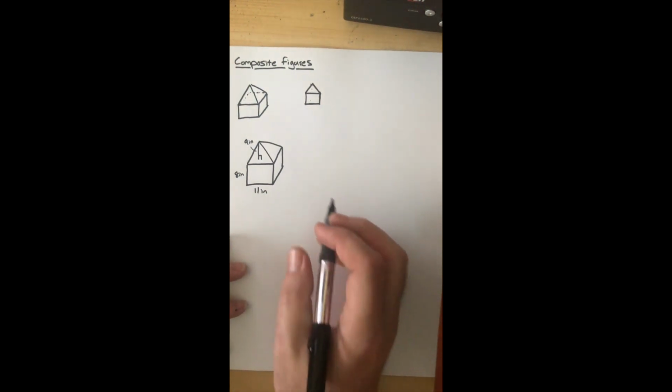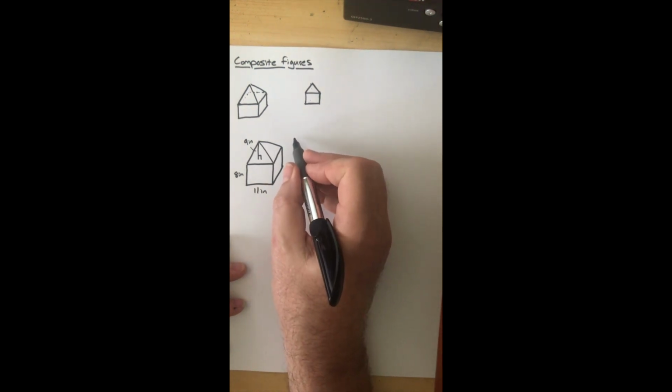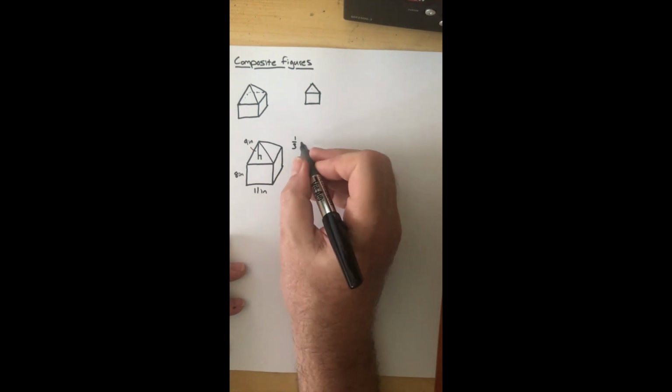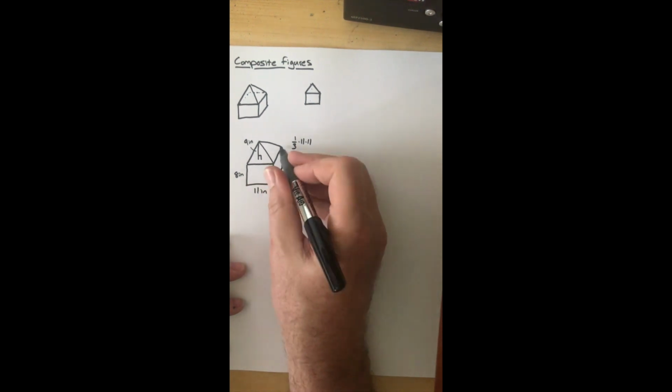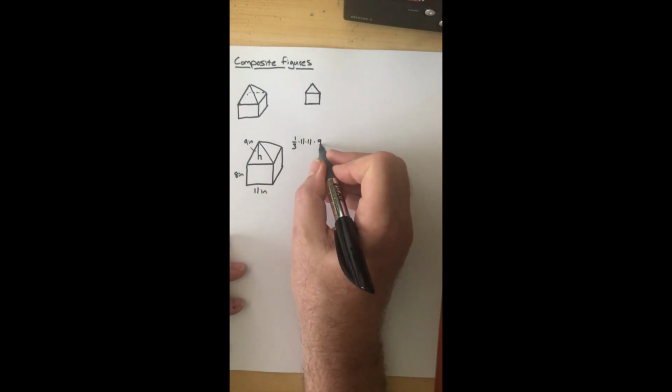You ready? Okay, so the volume of a pyramid, if you watch my wonderful blunder in the pyramids video, is 1/3 the base squared, so the base times the base, so that'd be 11 times 11, base times the length, it's the same, the top and the bottom, times the height, which is 9.